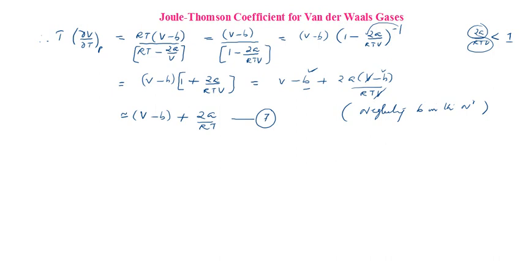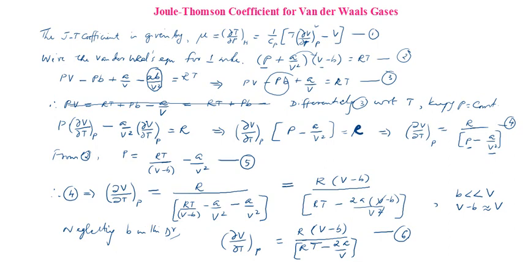Now we have obtained the quantity to be substituted. What was our equation number 1, where we defined mu? Mu is equal to 1 by Cp, that is the definition for mu, into, if you look back, T dou v by dou T at P minus v.